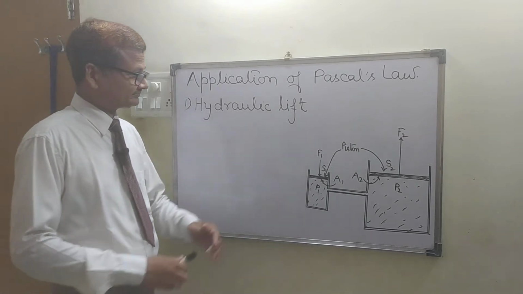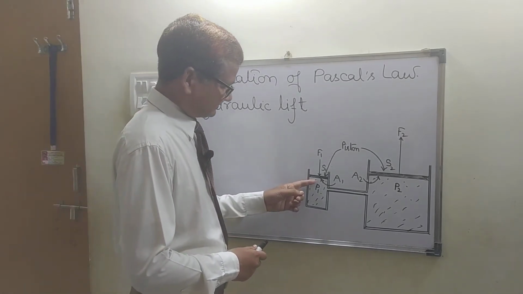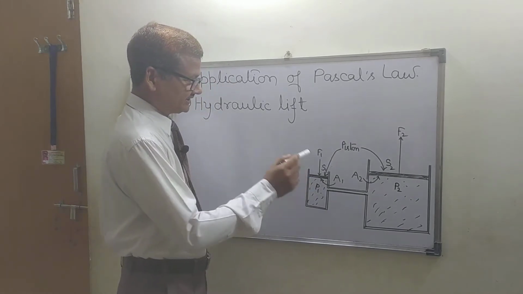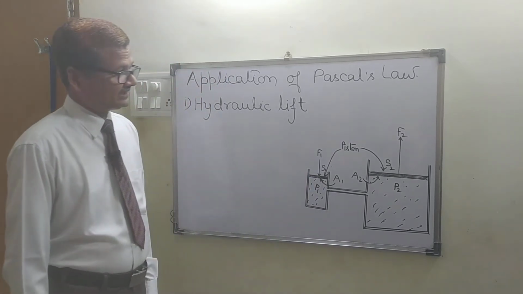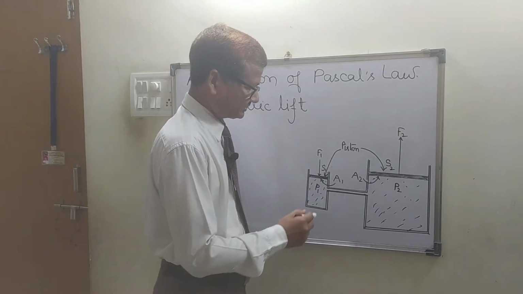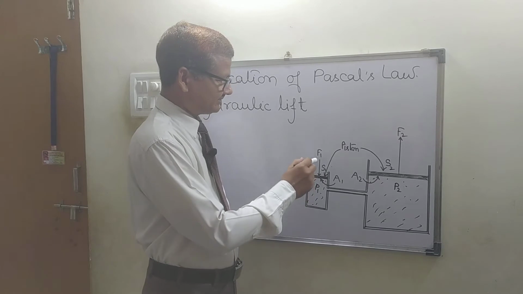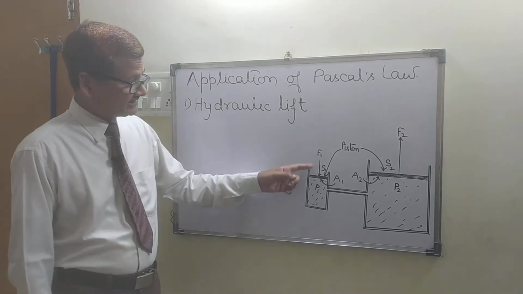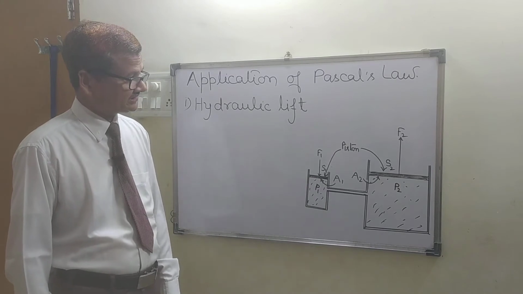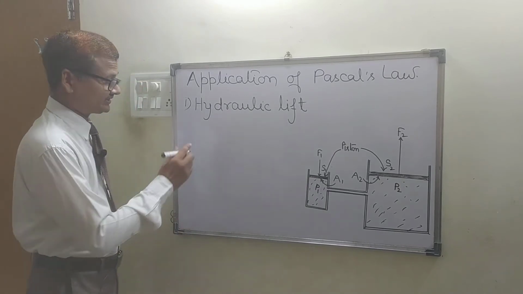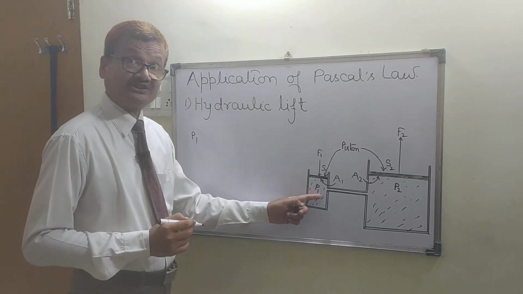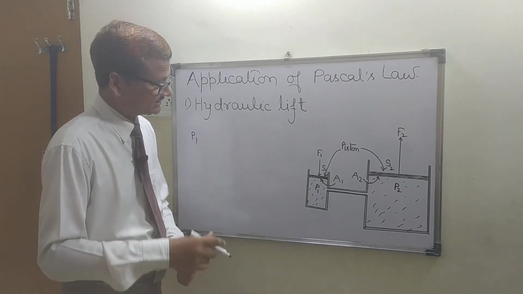Now here, the area of cross section of the piston S1 is A1 and area of cross section of piston S2 is A2. If a small force is applied in downward direction on the piston S1, the pressure exerted here is, suppose, P1.